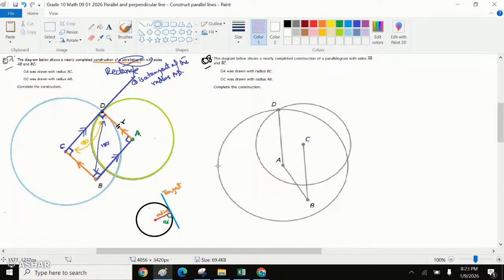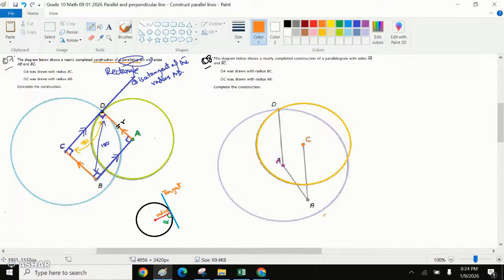The first circle has center A. The second circle would have a center C. Let's see where is the center of the second circle. Okay, this is the second circle, and the center was given to us as point C, right?